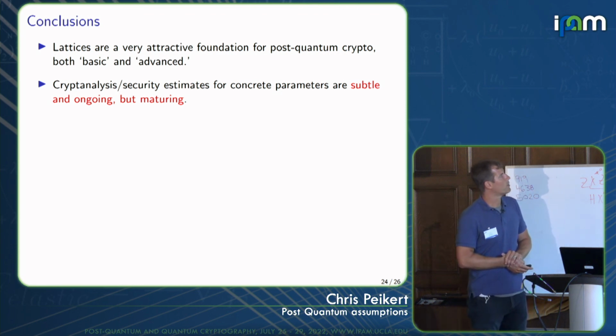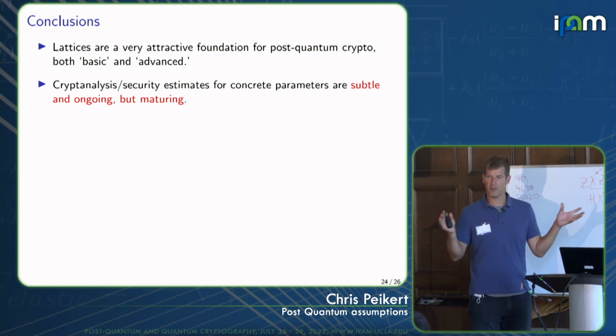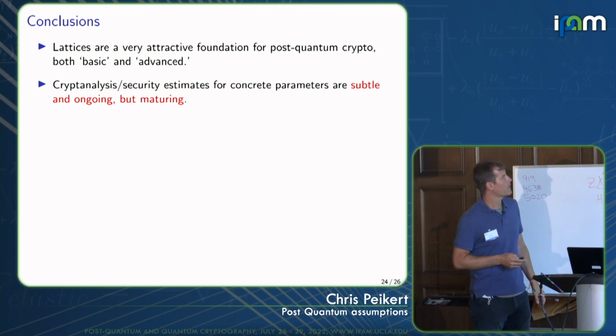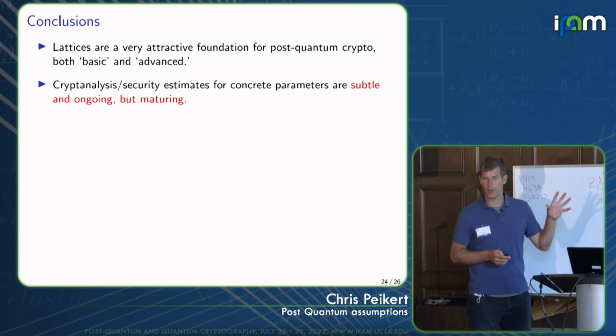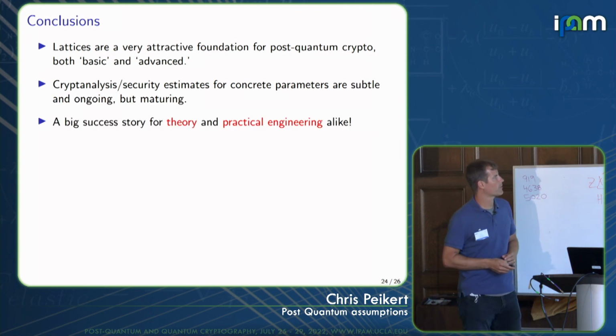And we have a large gap between what the theory can show and what the cryptanalysis and best known attacks suggest. Over time, these have started to converge more and more, but they're still not quite meeting up. There are some pretty significant gaps still. So while this is maturing, I think there's a lot of important work left to be done here and a lot of discoveries to be made.